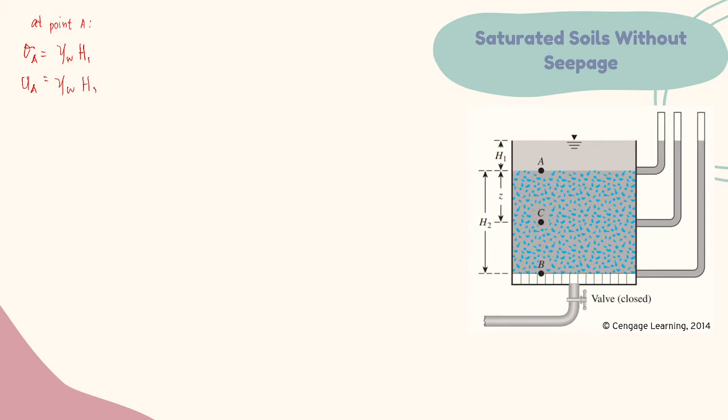So now our effective stress is equal to sigma sub A minus U sub A. So this is equal to 0, because there is no soil above point A, so the total stress will be just from the pore water pressure.